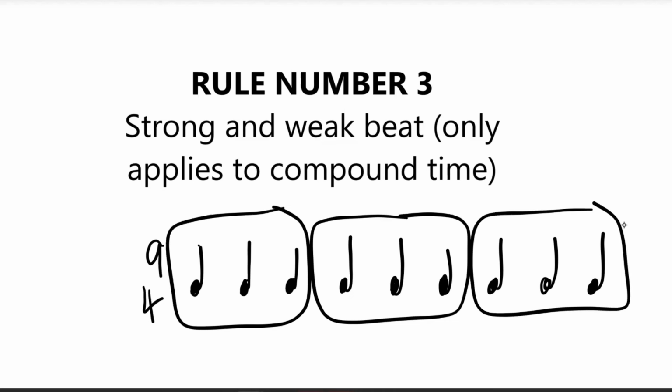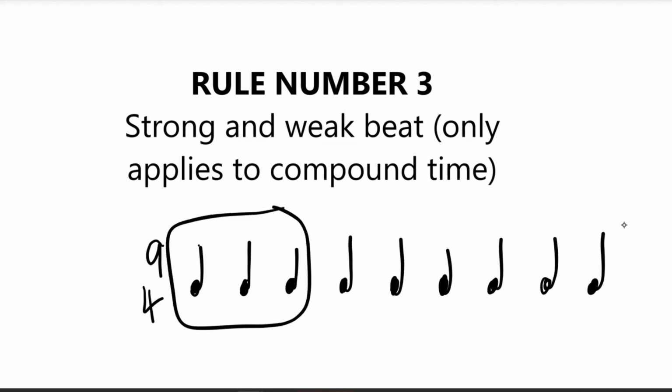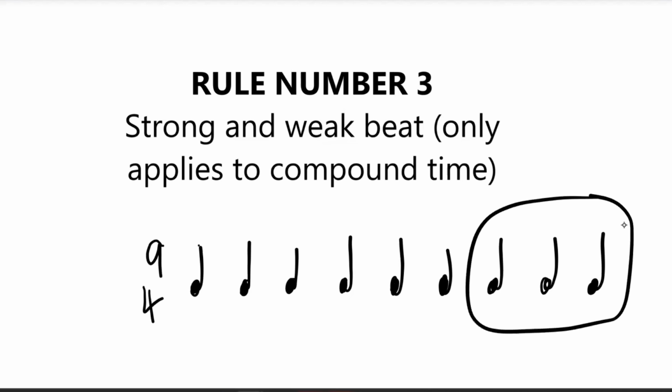And so if I was to fill in 1 rest for 1 group, it's quite large, so I'd have to use a dotted minim because that adds up to 3. 3 crotchets equals a dotted minim's worth of notes. So one rest in one group would be just a dotted minim rest.